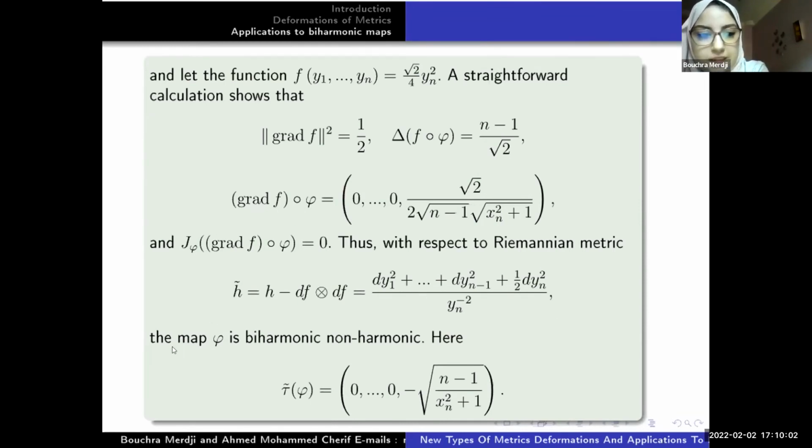As you can see, this map is biharmonic, non-harmonic, and here we have the tension field of this map. It is obvious that the tension field is not null, because the last component is equal to minus the square root of n minus 1 over xn squared plus 1. So this application is biharmonic, non-harmonic.